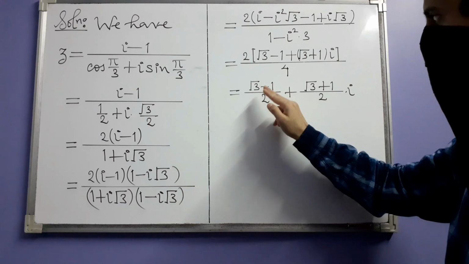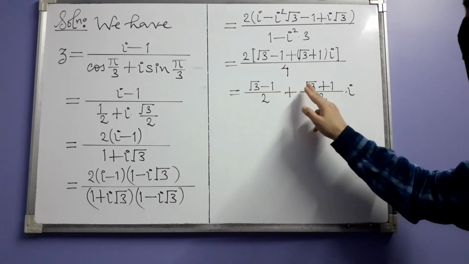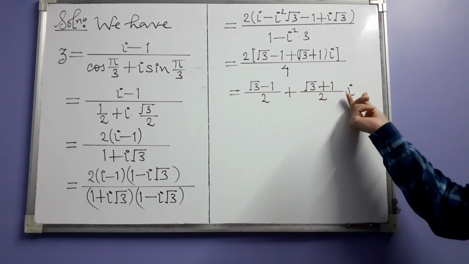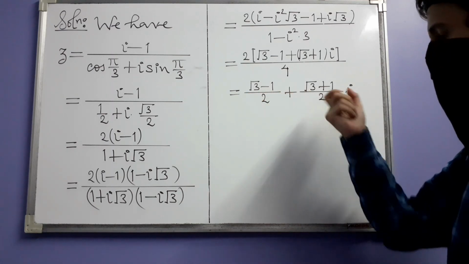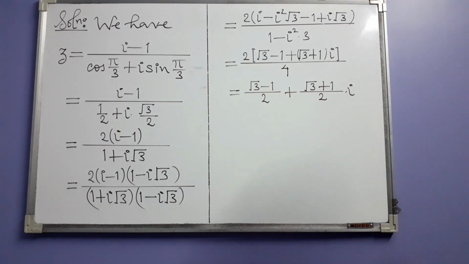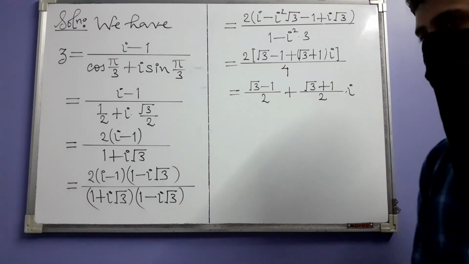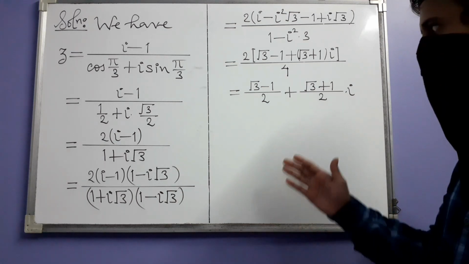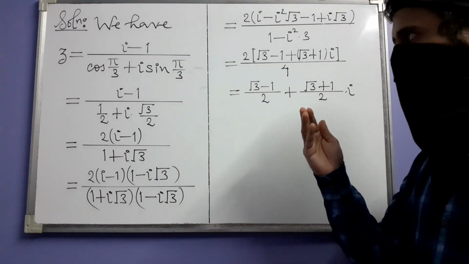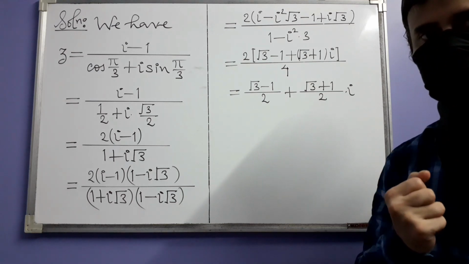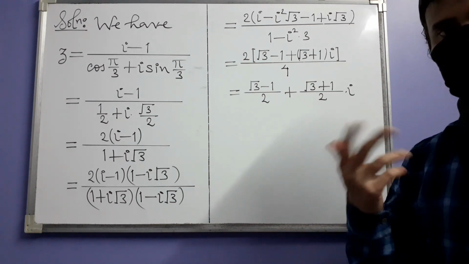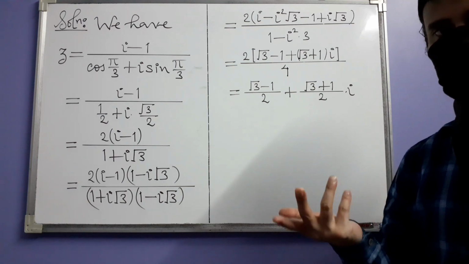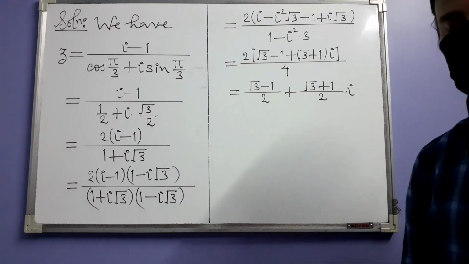Square root of 3 minus 1 divided by 2 plus square root of 3 plus 1 divided by 2 times i. So this is your real part and this is your imaginary part. Alright. So now what shall we do? We will now assume that say r is the modulus of the complex number and theta is an argument. And then we would find r and theta, and using them we can write the polar form of course.